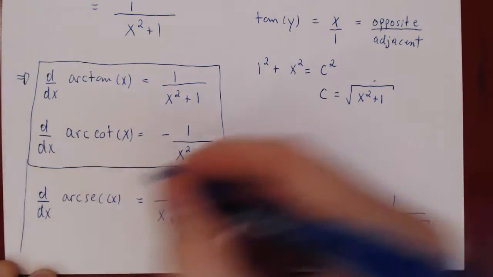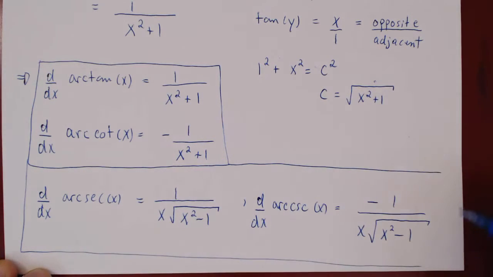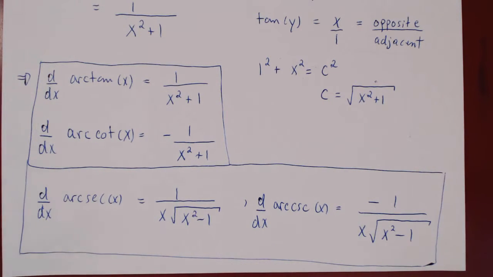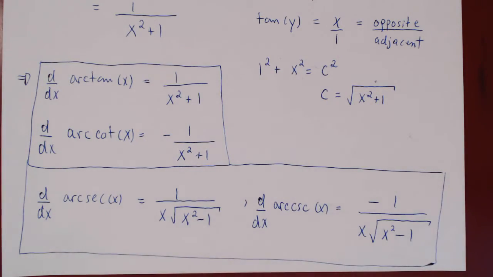And that's it. Now with this, you have the derivative for the 6 fundamental inverse trigonometric functions. And in theory, now you can differentiate any function involving inverse trigonometric functions. In our next video, we'll use these 6 formulas, the derivative for arcsine, arccos, arctan, arccotan, arcsecant, arccosecant, and we'll look at examples with these new rules of differentiation.